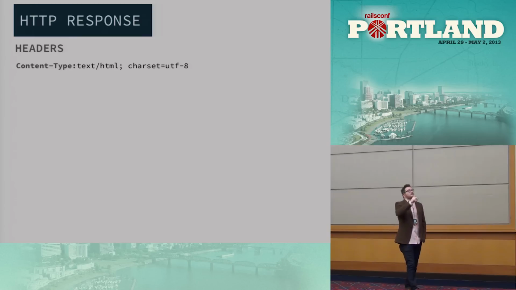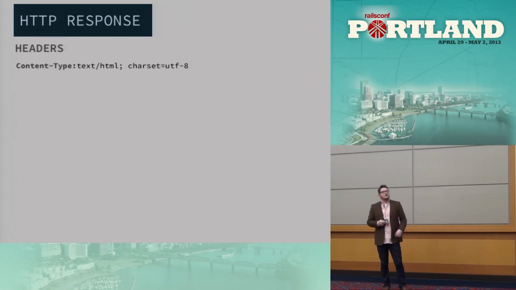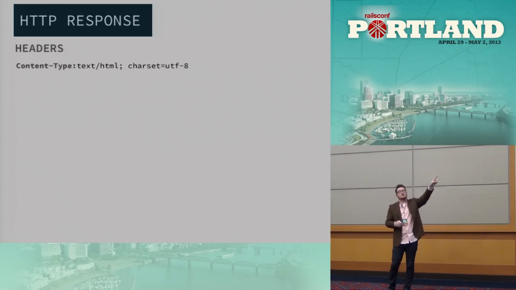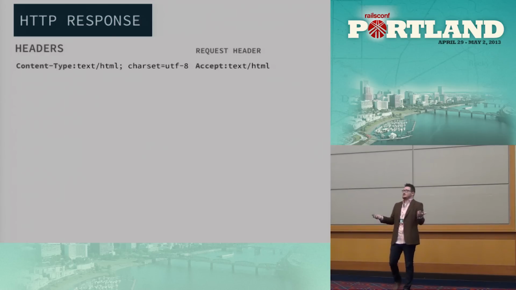In the response headers, the server is bringing back, it's saying, okay, the content type of this thing that I'm sending back to you is HTML. In our request, we gave it a header of, hey, I want to accept HTML. Round trip, right?